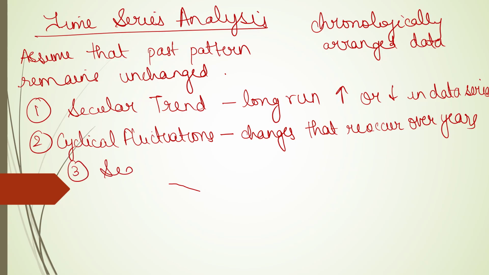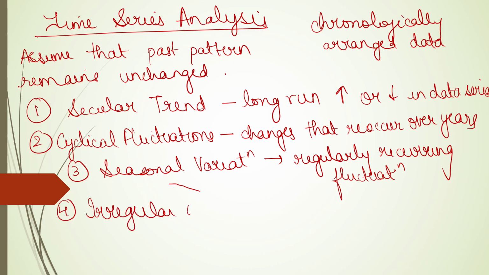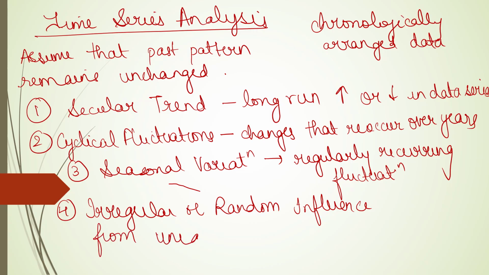Third, seasonal variation: regularly recurring fluctuations. Fourth is irregular or random influences, which are variations resulting from unique events.